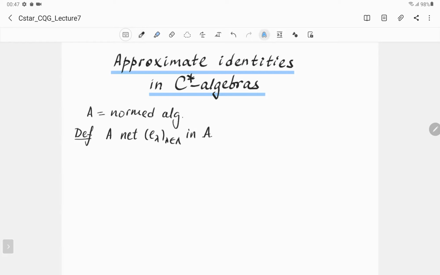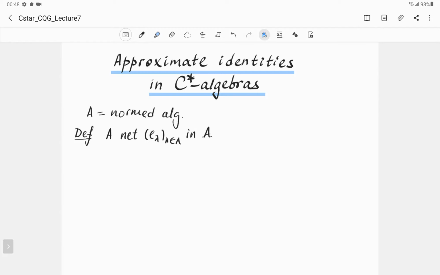The only difference is that here lambda, big lambda, can be an arbitrary directed, partially ordered set. And by the way, the convergence for nets is defined in exactly the same way as for sequences.